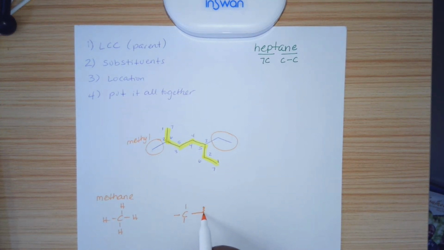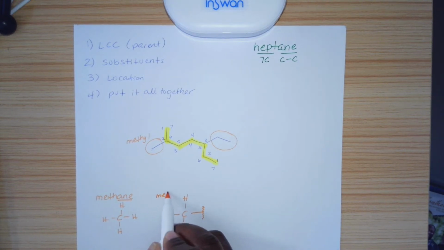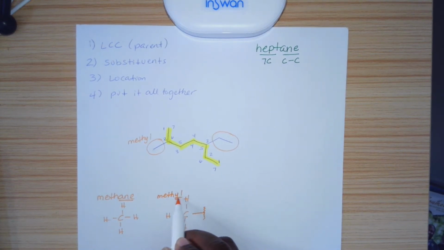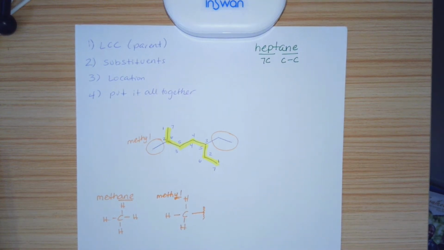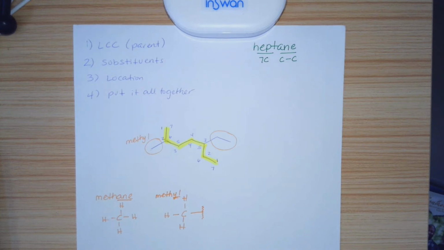I'm just going to put this little squiggly line, that'll be to our parent chain. That means that that particular carbon had 3 hydrogen. So it's not the same as methane. Methane would have 4 hydrogen. Instead it had 1 less hydrogen. So it would be methyl with a YL. That YL just tells you 1 less hydrogen. So this substituent, 1 substituent with 1 carbon is a methyl group.